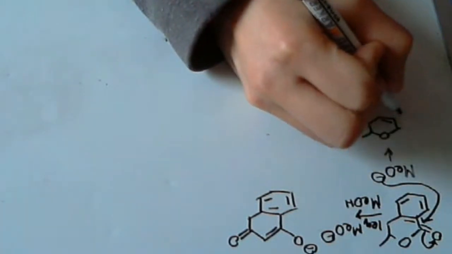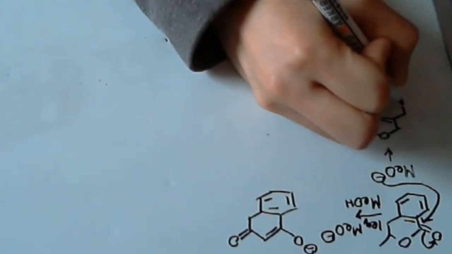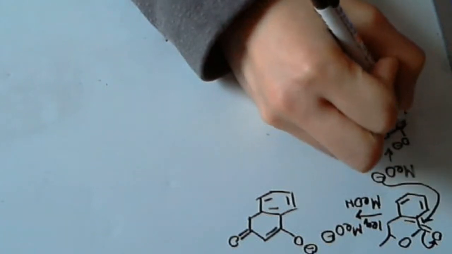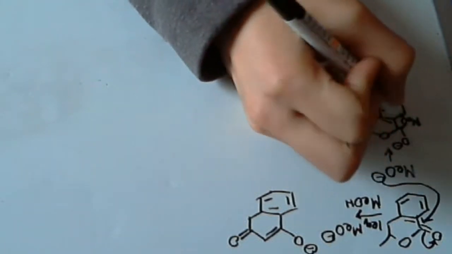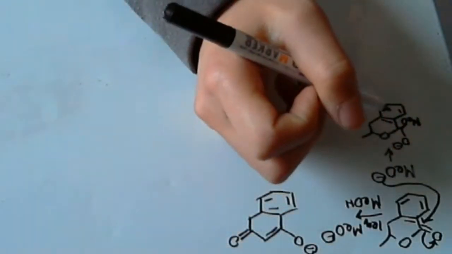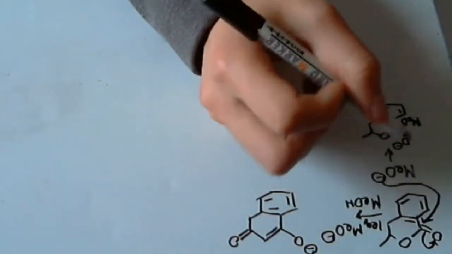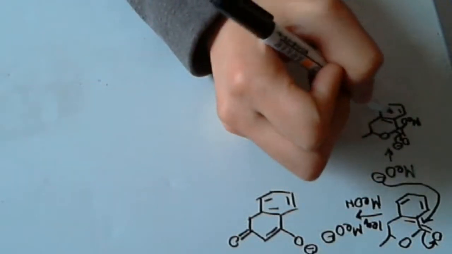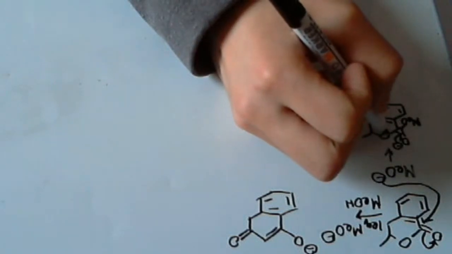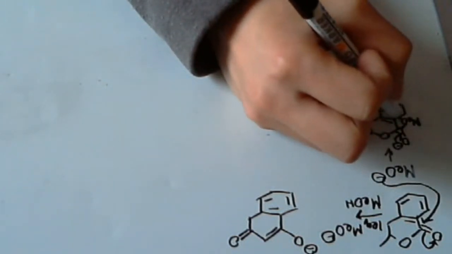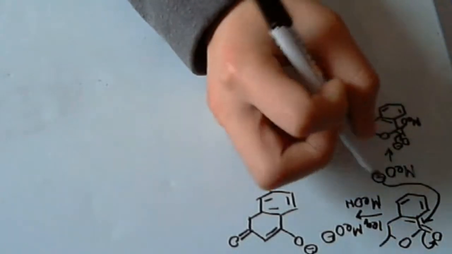We get a ring, O minus, MeO. Okay? And so whenever we get the tetrahedral intermediate, what happens? The negative charge collapses and it kicks out another group. So you have two choices here. You can either kick out this oxygen or you can kick out the MeO, the methoxide group.